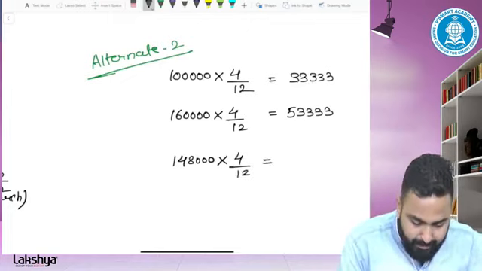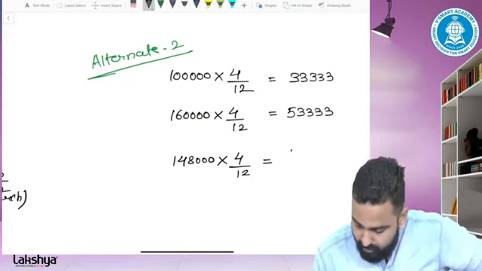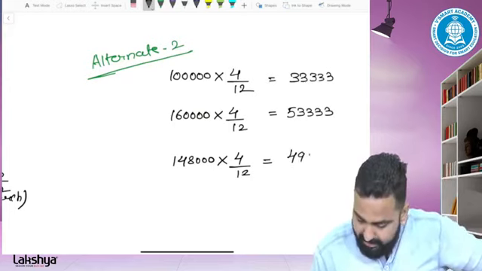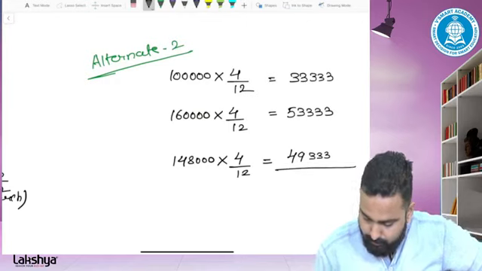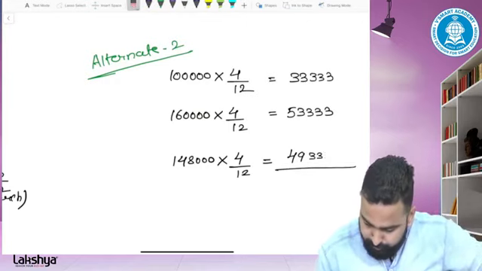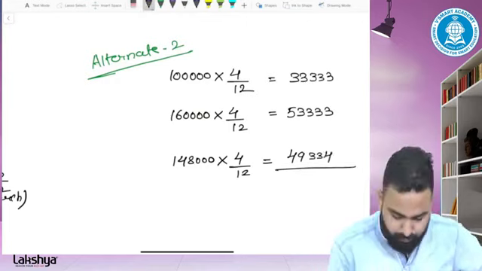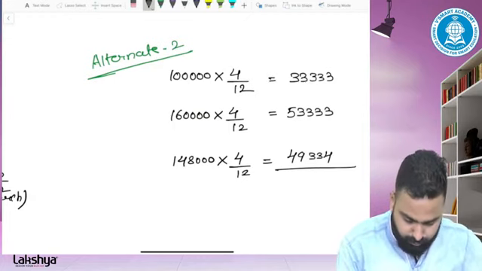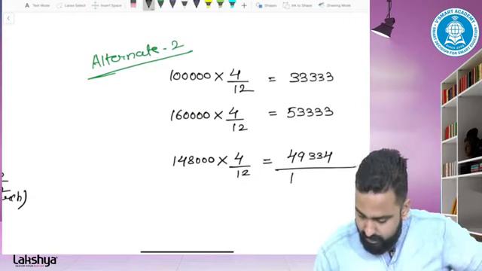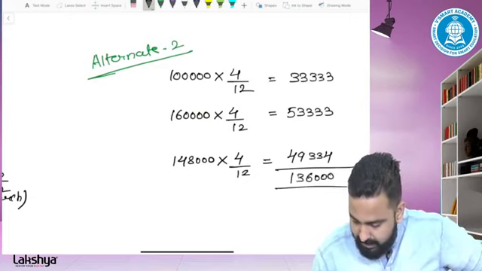Guys, it is a cumulative approach. The answer is 1,36,000, the same.